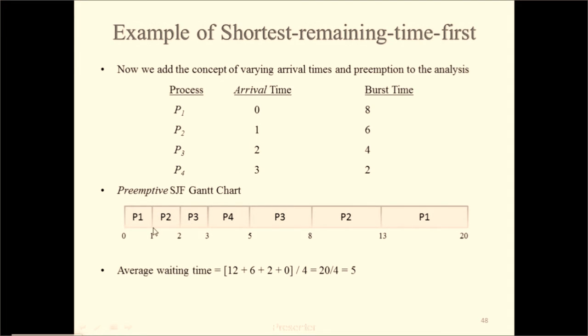As soon as it came, it was scheduled. So for this time P2 it was 0, and then it had to wait from 2 to 8. So 8 minus 2 is 6. And similarly the waiting times for the other two processes are calculated, and the average comes out to be 12 plus 6 plus 2 divided by 4, that is 20 by 4, which is 5.